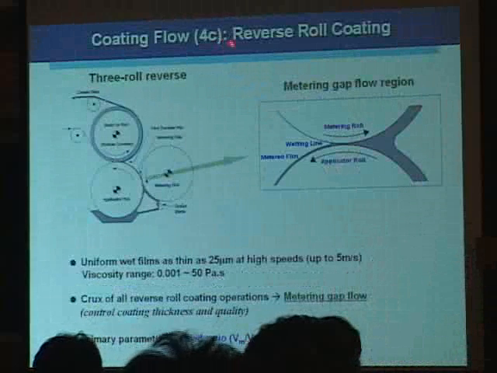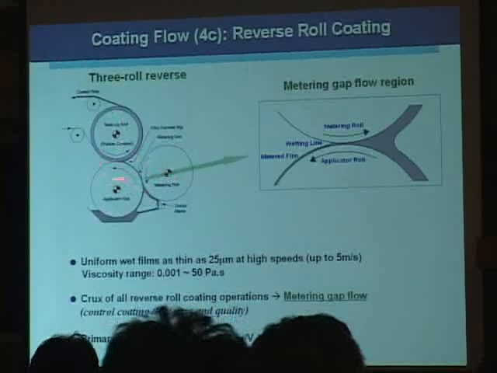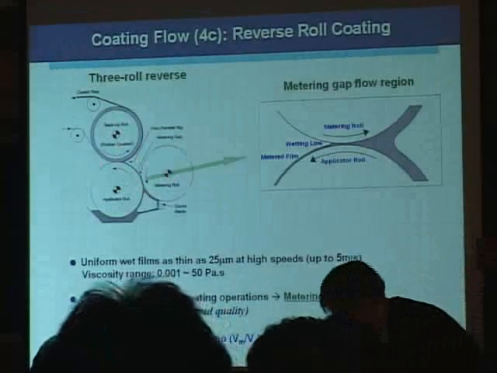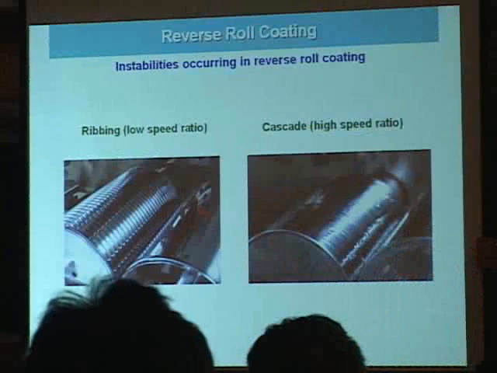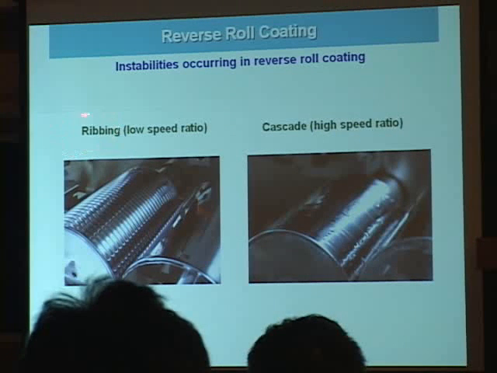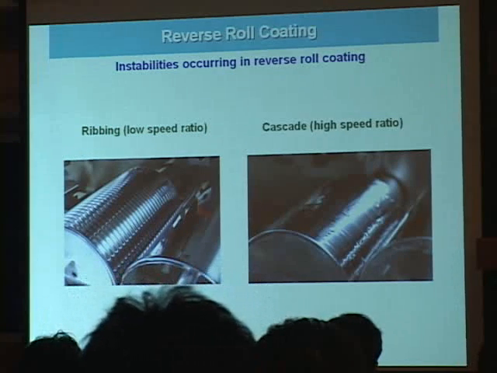In the reverse roll coating system, consisting of counter-rotating rolls, there are two major instabilities. One is ribbing and the other is cascade. Ribbing is observed in the low speed ratio condition, defined as the ratio of the metering roll speed and the applicator roll speed.